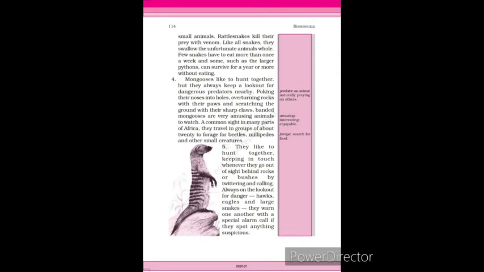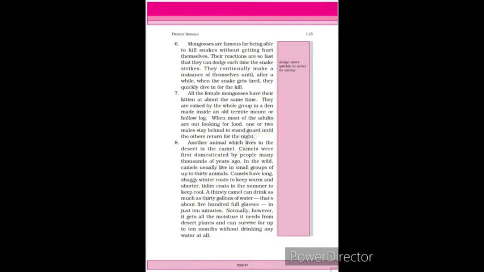Another animal that lives in the desert is the camel. Camels also live in groups of about 30. A camel can drink as much as 30 gallons of water at a time. But in the deserts, where water is scarce, this animal derives moisture by feeding on the desert vegetation.